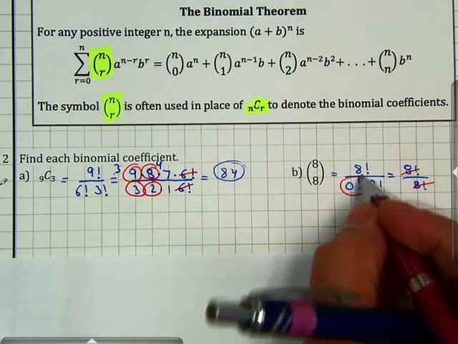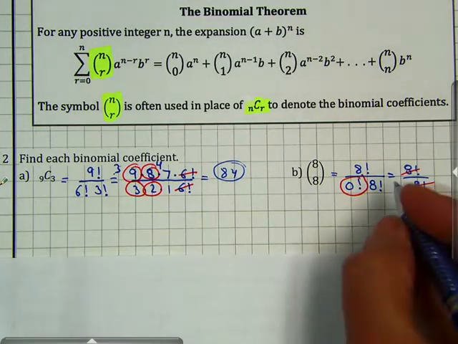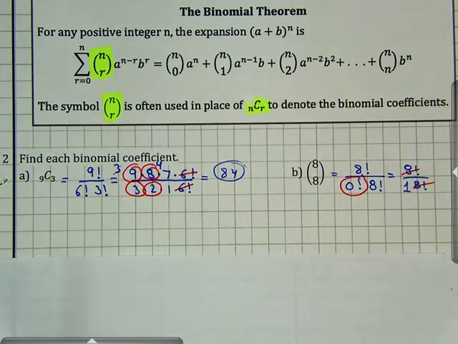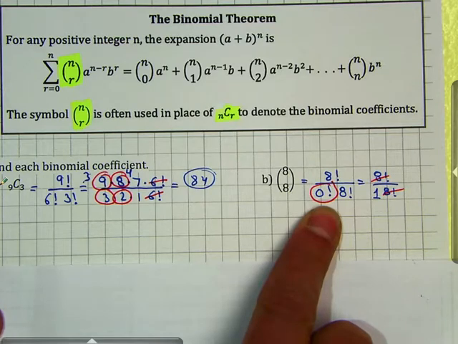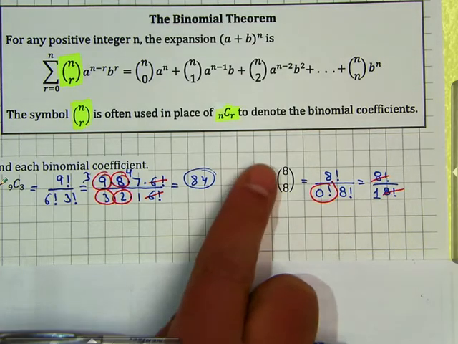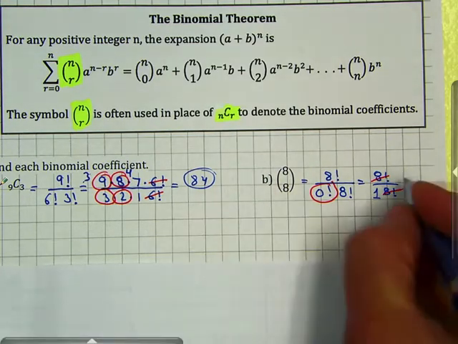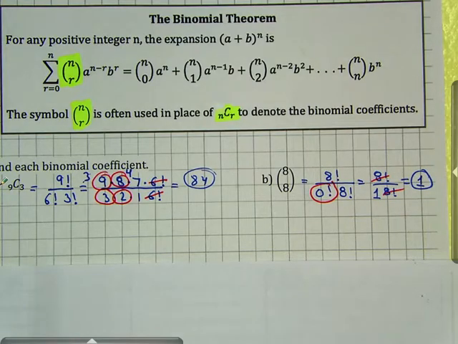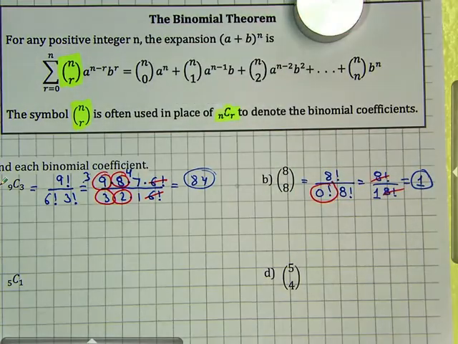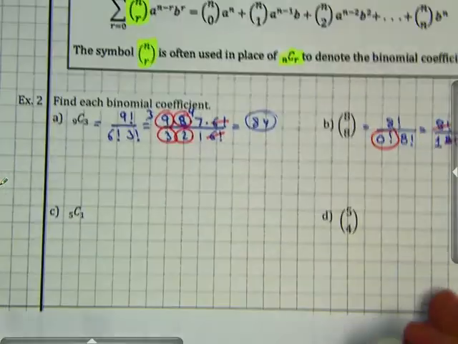And 0 factorial is equal to 1. That is one of the reasons that we have 0 factorial equal to 1, because 8 choose 8, there's only one way to select 8 people out of 8. So try the same thing for C and D and see what you get.